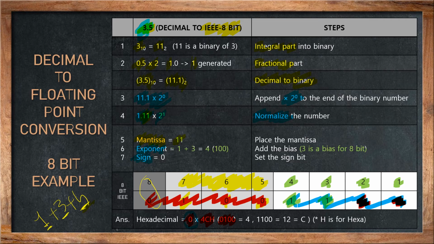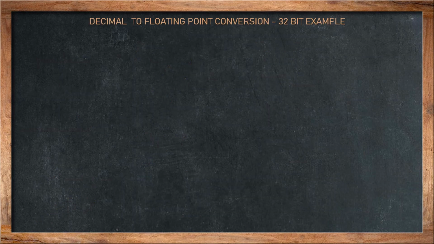Now let's see the 32-bit. Let's take an example for the 32-bit. Here we have one number, 0.1015625, and we are going to convert this decimal number into IEEE 32-bit floating point format. So let's start.